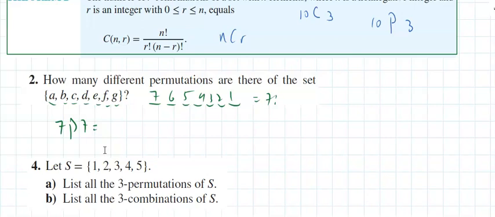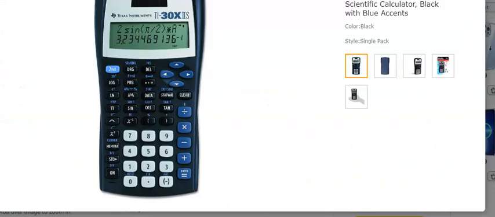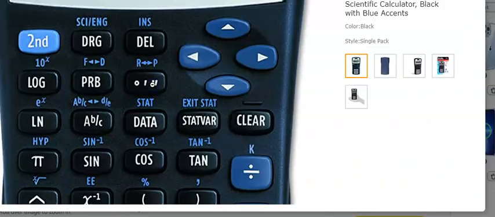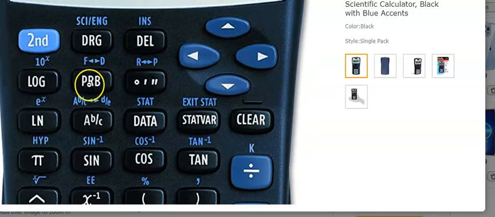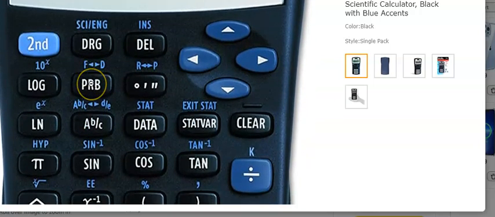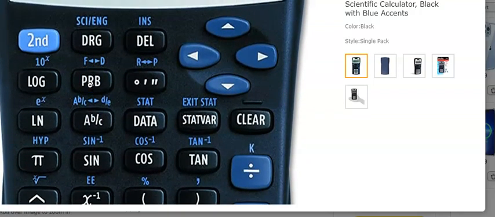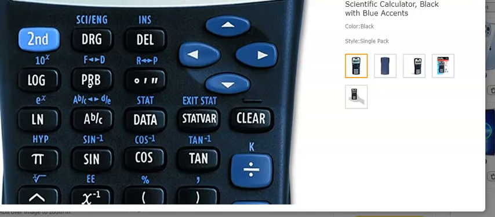Now, on a test, you could leave your answer like that. For the homework, you want to match the answer at the back of the book. If you have this calculator, click on PRB, probability, and you'll see factorial, nPr, and nCr.